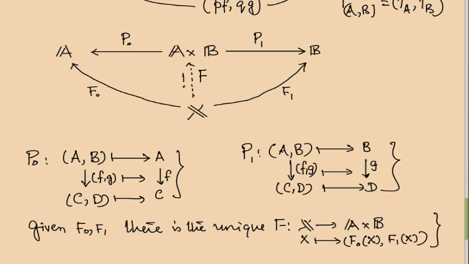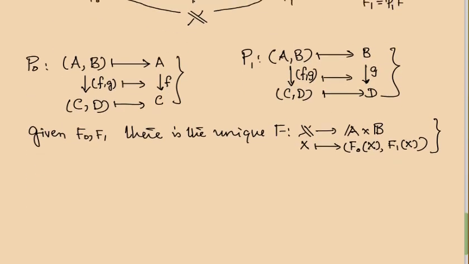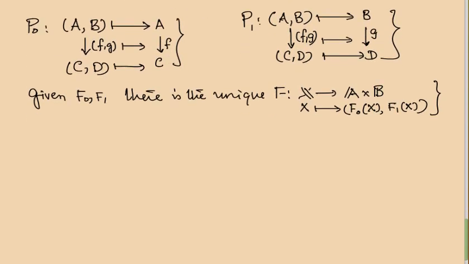So, there exists a unique functor such that f0 is p0 f and f1 is p1 f. Aha! I didn't define the composition of functors. So, but then it is quite natural. So I leave it as an exercise.